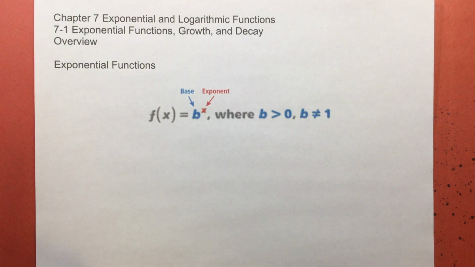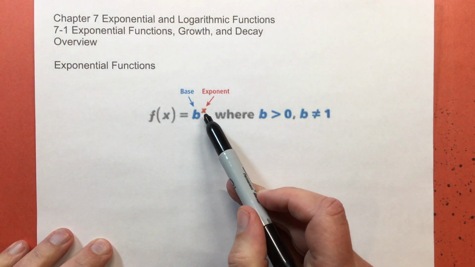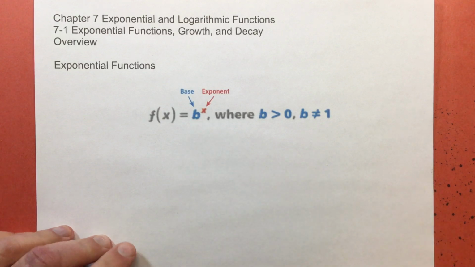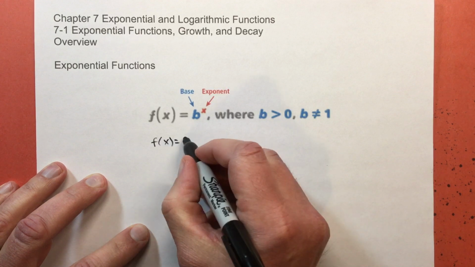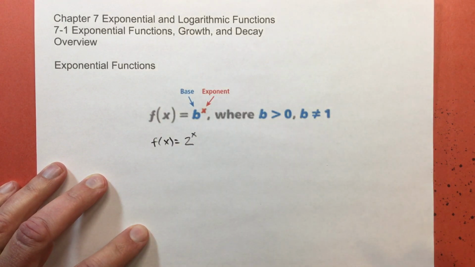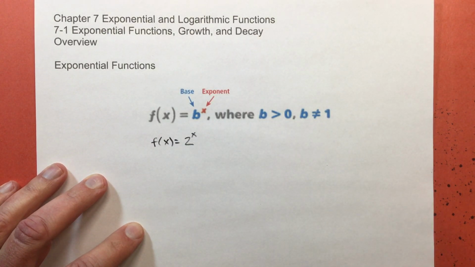Here's an example where we're using b as a parameter for the base of an exponent, and the variable is going to be the exponent. So the independent variable is actually what the exponent is. For example, if I had f of x equals 2 to the x power, that just means 2 times 2 times 2 times 2.